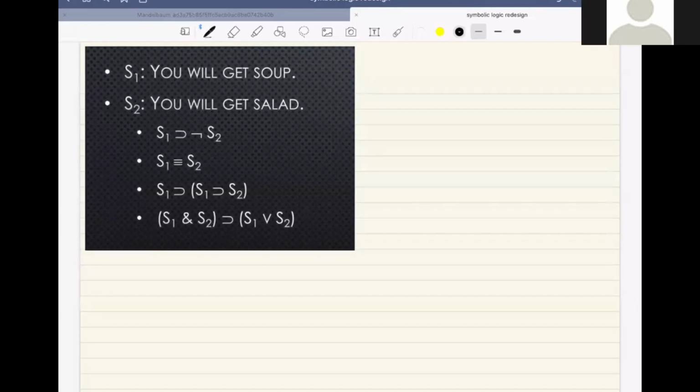Okay, so let's take a look at this. So you will get soup, and you will get salad. So our first sentence is going to be translated as, if you get soup, then it's not the case that you get salad.